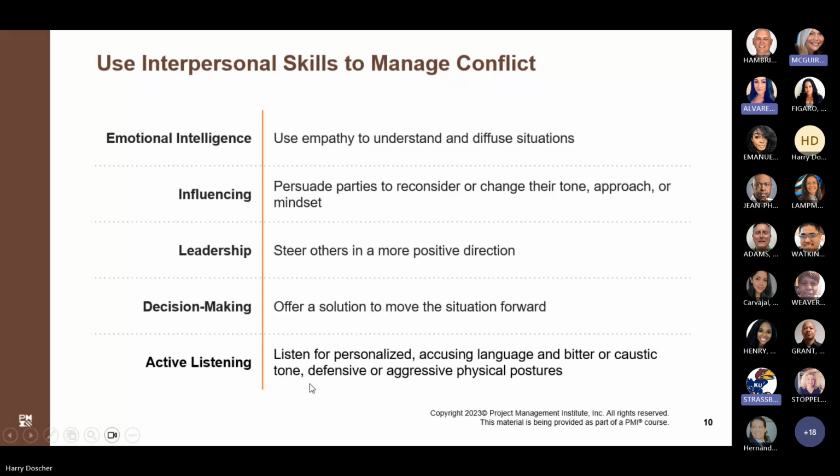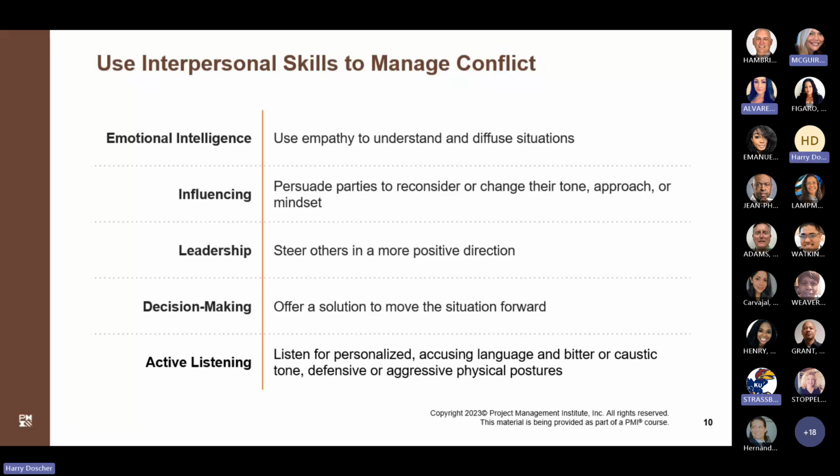And what you want to be able to do, based on everything we've talked about, excuse me, had a pop up there, is to keep it professional.